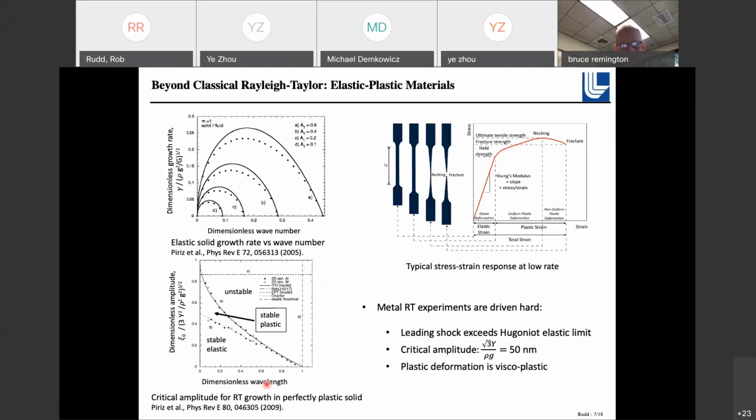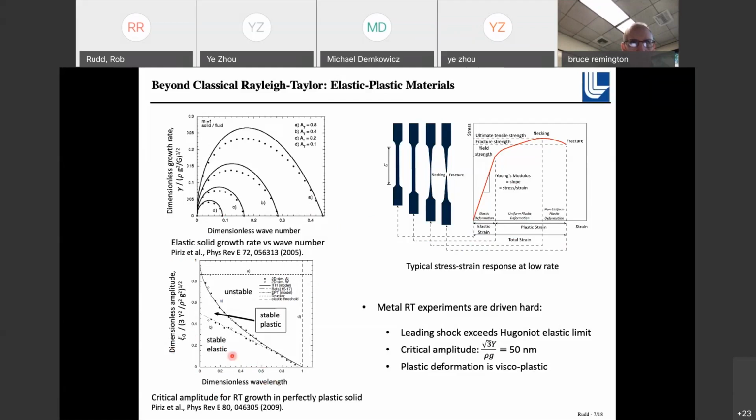Similarly, they have also looked at the effect of, say, Rayleigh-Taylor instability in an elastic-plastic solid. And here it's kind of a response plot of wavelength and initial amplitude, and they get different regions of response.